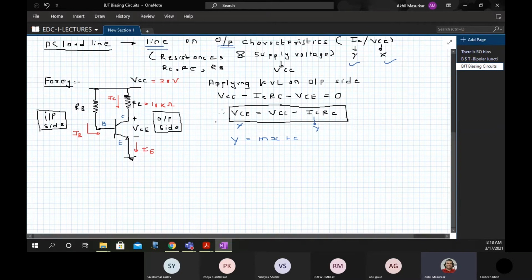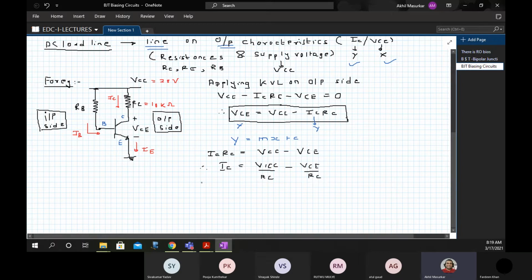IC times RC is equal to VCC minus VCE. Then in a slightly different way, IC is equal to VCC upon RC minus VCE upon RC.